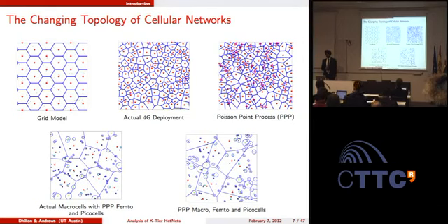But as you can see in the left and rightmost figures, there's no mechanism to control the distance between base stations, and we will end up with very close base stations. This is one. And second, with the deployment of femtocells, do you change the average density of the Poisson point process for femtocells?